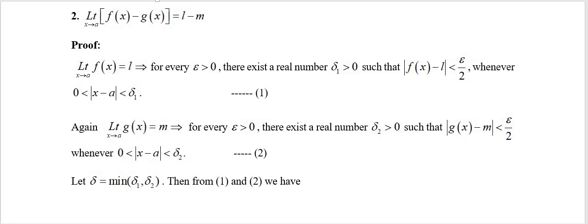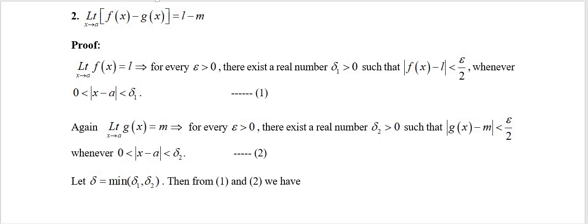Once again, f of x comes here, L comes here, modulus of f of x minus L less than epsilon by 2. Here we have x tends to a, that's why modulus of x minus a. So you can practice: whenever we have this one, you can practice writing these lines.